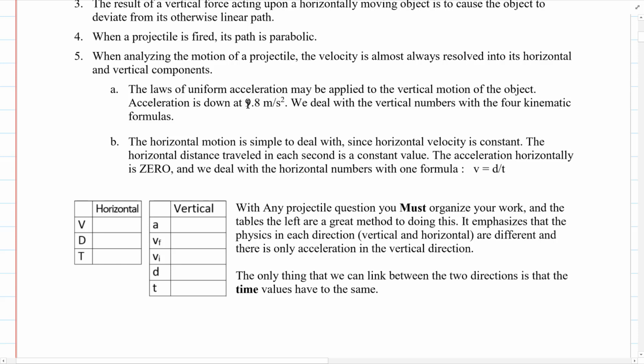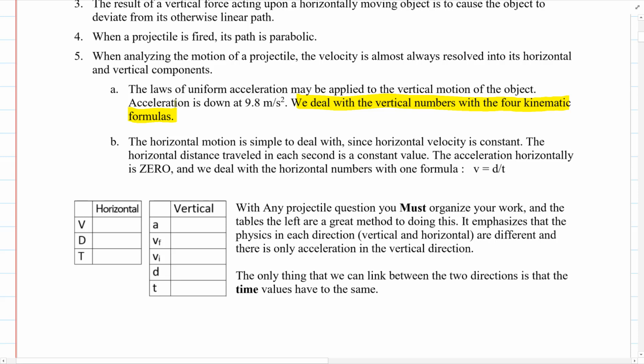And vertically, the acceleration is 9.8. We'll do that in Physics 11 here. And that's gravity is down at 9.8. And then because there is an acceleration, it's Chapter 2, we deal with the vertical numbers with the 4 kinematic formulas.